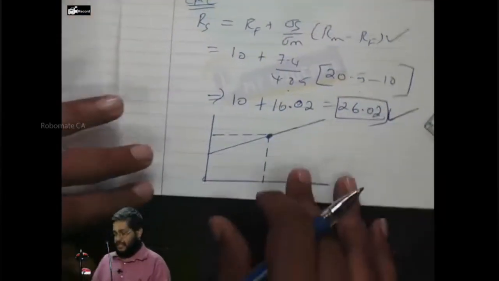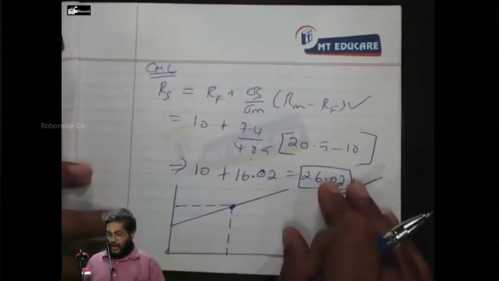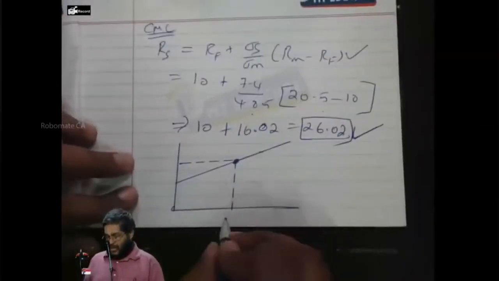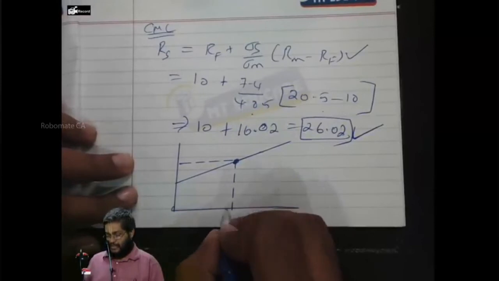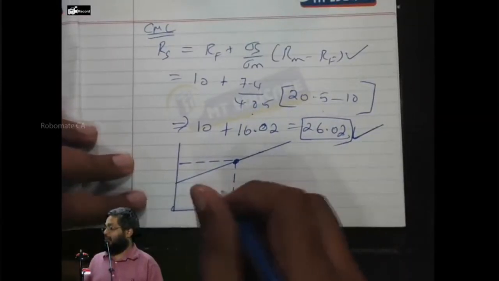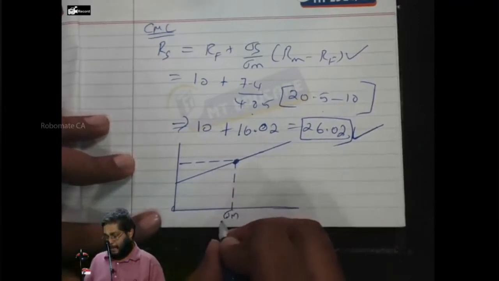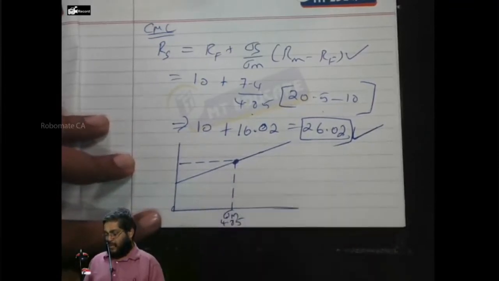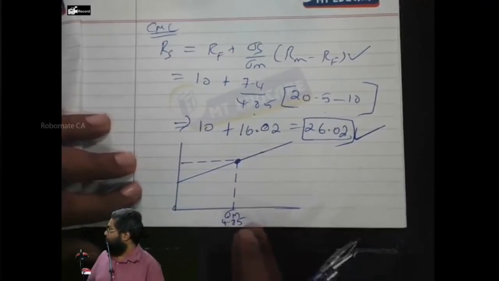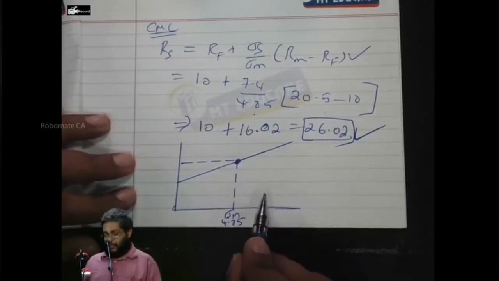If you are all alert, tell me what I should write here. Sigma M. What is the standard deviation of the market? Look at the workbook. How much? 4.85. Sigma M is 4.85.